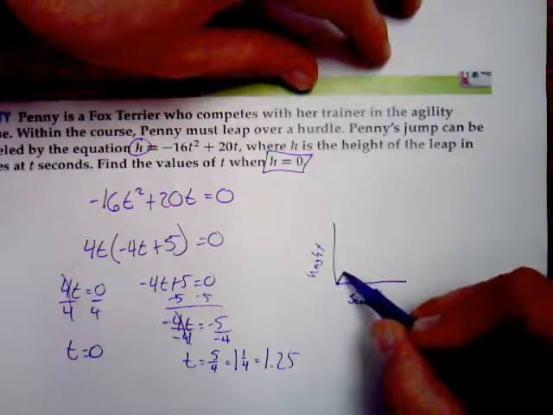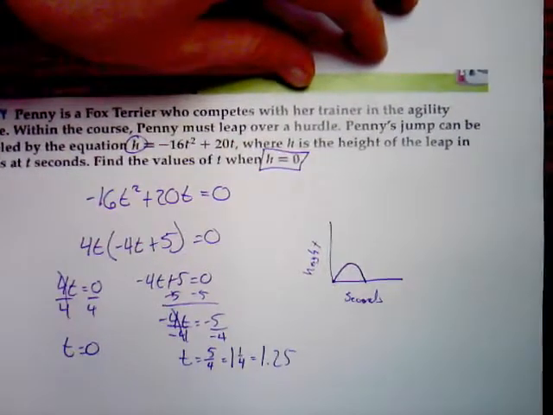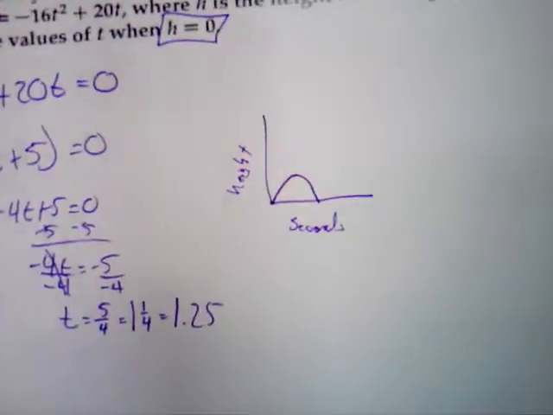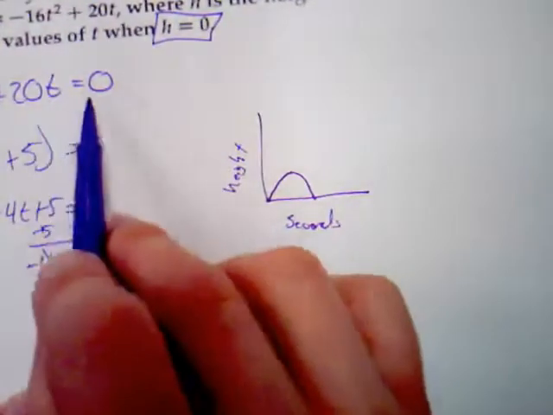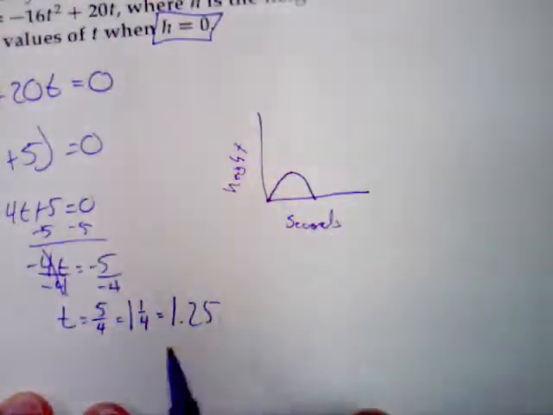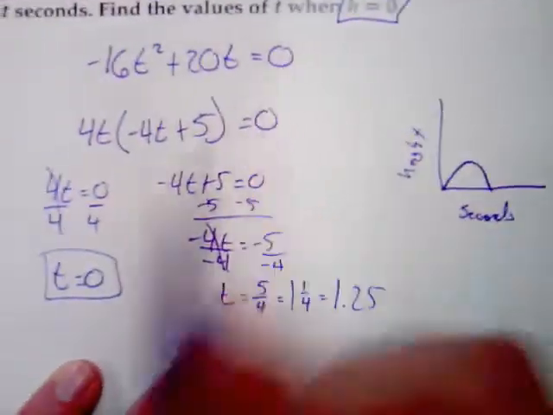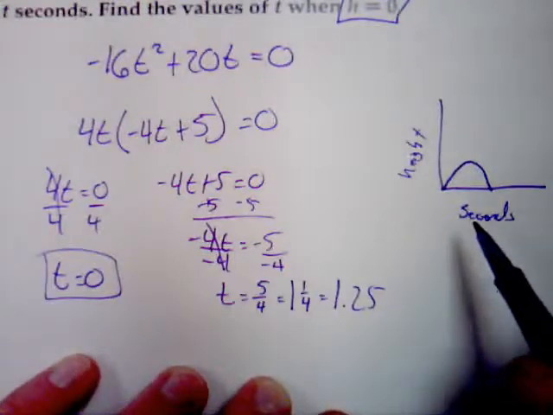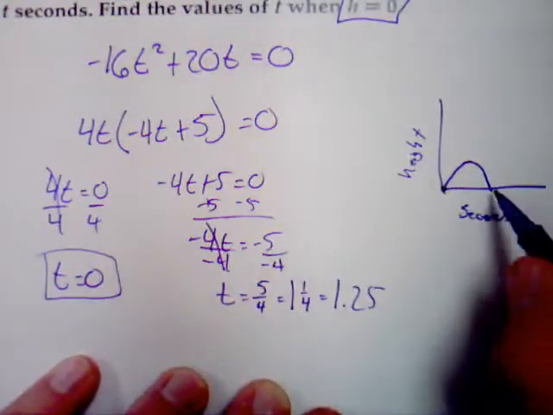Just imagine the dog's path as she jumps. She's going to jump up, get as high as she can, and then come back down. So it'll look something like this. This is where t equals 0, where her height is 0. So the time in which her height is 0 is when she starts at 0 seconds and when she finishes.